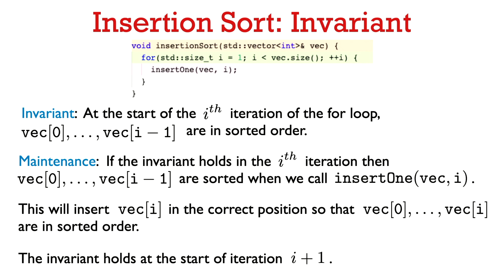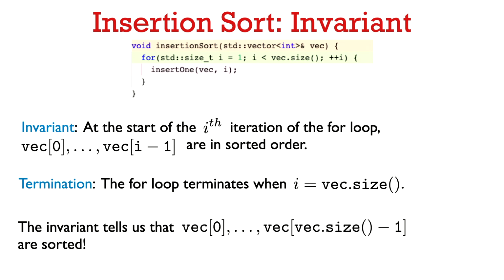That vec 0 up to vec i minus 1 are in sorted order is exactly the assumption needed by insert1 in order to insert vec of i into its correct place. Thus, since the assumption needed by insert1 holds, vec of i will be inserted into its correct place, and then vec of 0 through vec of i will be in sorted order. This exactly says that the invariant holds at the start of the i plus first iteration.